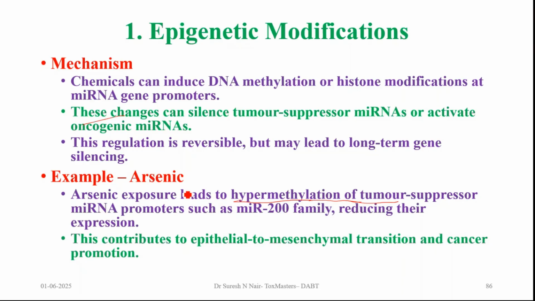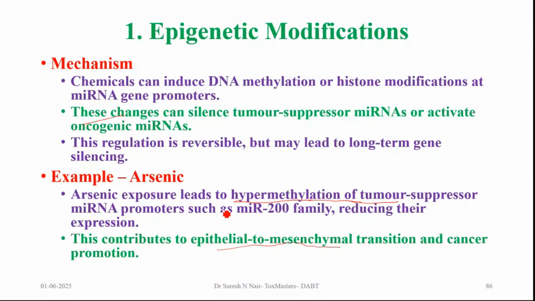So suppressors are reduced, and initiation and progression will be enhanced. So this actually contributes to the epithelial to mesenchymal transition. So many times in certain carcinogenesis, the epithelial cells are converted to mesenchymal cells, and those mesenchymal cells are responsible for the promotion of the cancer. So that is one mechanism how the epigenetic modification is producing carcinogenesis.